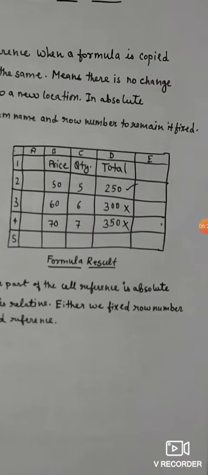The value in C2 is 5, so it multiplied all the cells with 5. So 50 into 5, 250, 60 into 5, 300, and 70 into 5, 350. But here we wrote 6 and 7, but instead of 6, 7, it multiplied with 5, because in absolute cell reference when we copy the formula, it cannot be changed.